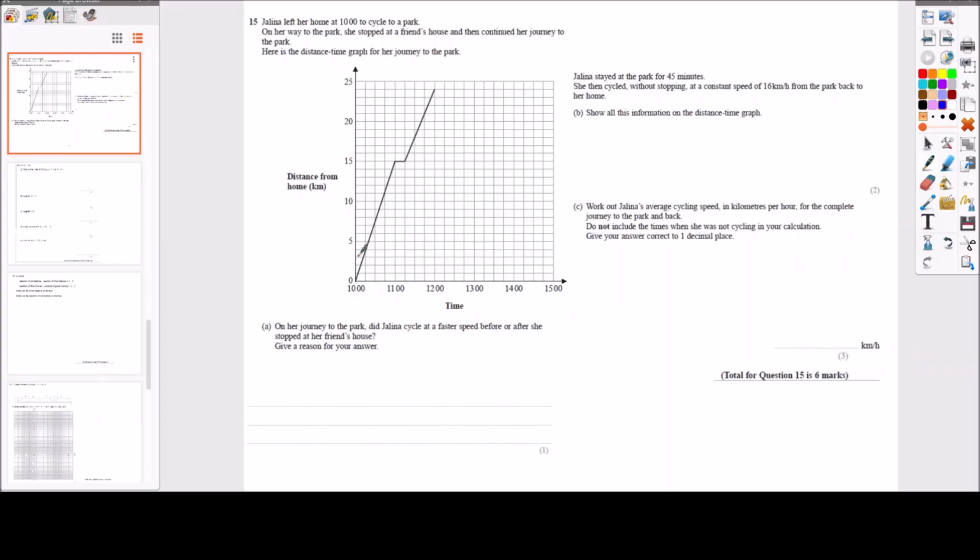Now, the steeper the line, the faster you are going. The line is steeper, it's going up more quickly, for the first part of the journey. It's slightly less steep for the second bit.